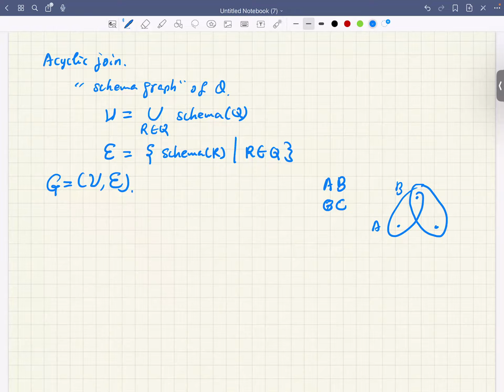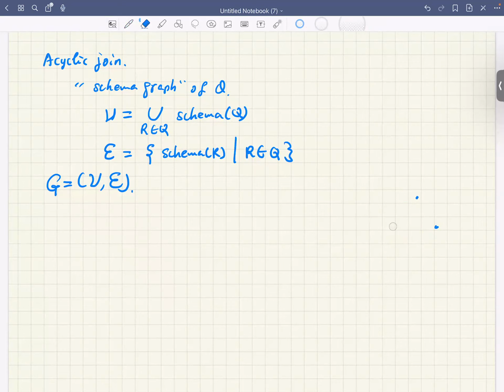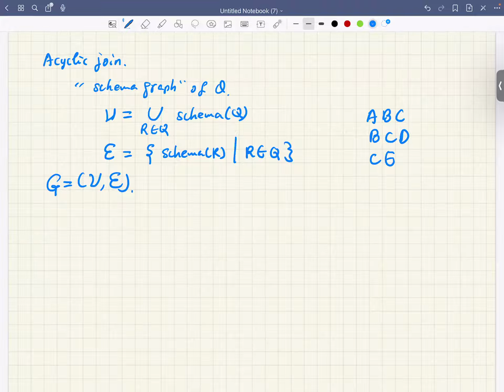But you already know that a relation does not need to have just two attributes. A relation can have an arbitrary number of attributes. Let me give you another example. Let's say ABC, BCD, and CE. Say I have a join with 3 relations, and their schemas are like this. What would be the schema graph of the join?